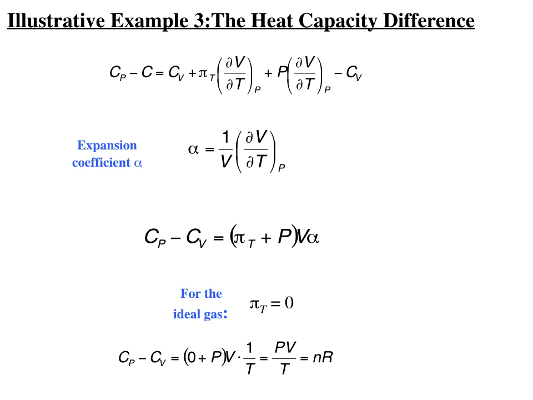We've also seen that alpha is equal to 1 over T. So I can eliminate the pi T term if this gas is ideal, and for alpha, I can put 1 over T. So C sub P minus C sub V for an ideal gas is PV over T. And PV over T is equal to NR. So for the ideal gas, C sub P minus C sub V is equal to NR.